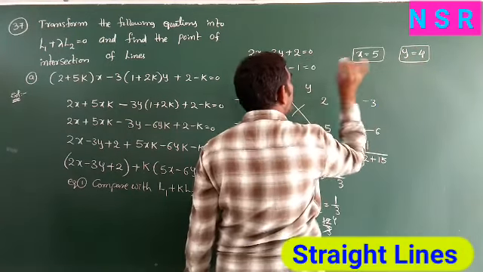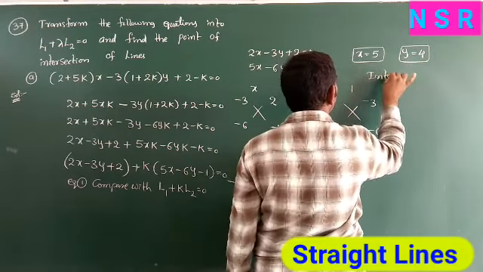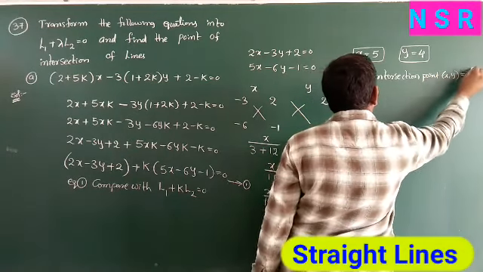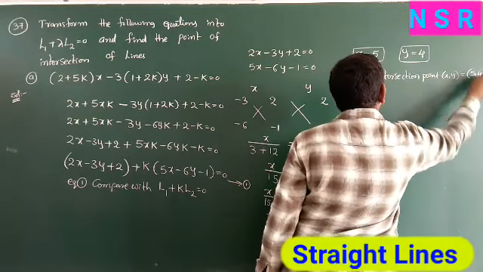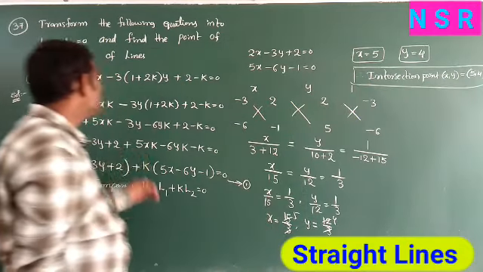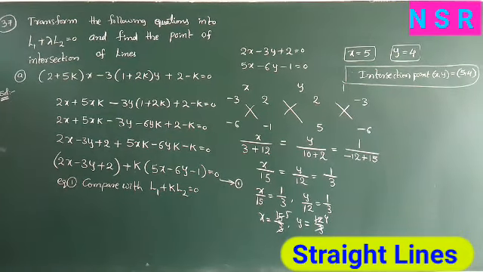Therefore the intersection point x comma y is 5 comma 4. So first the equation changes into L1 plus lambda L2 equal to 0, using that equation we get two straight lines, and solving those lines we get the intersection point, that is 5 comma 4.